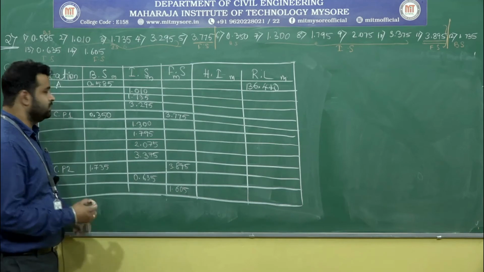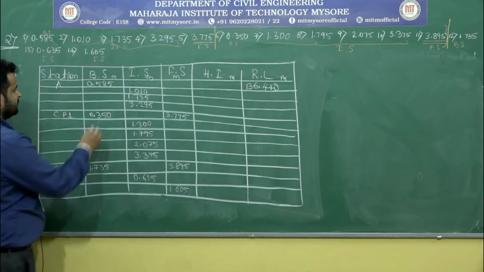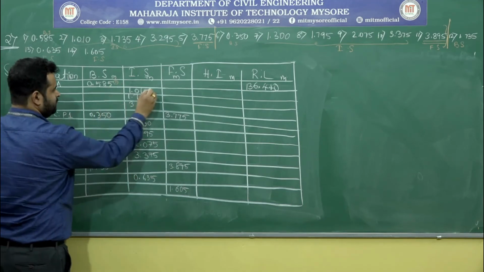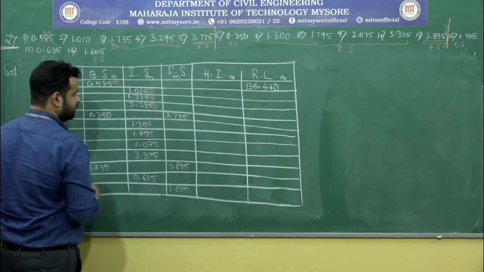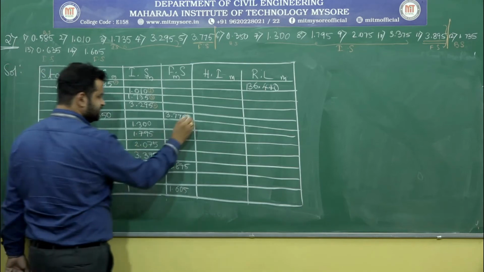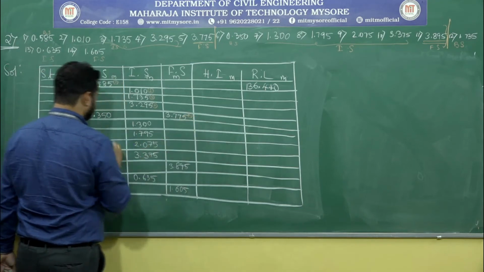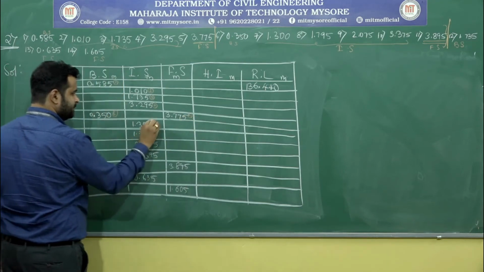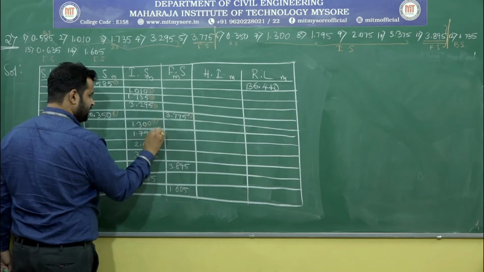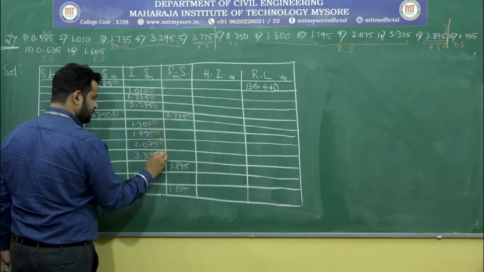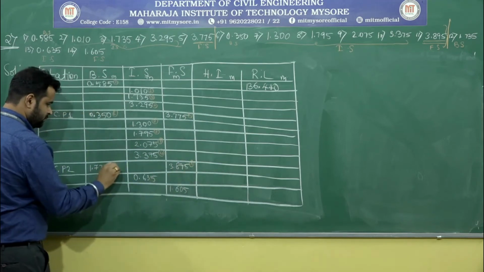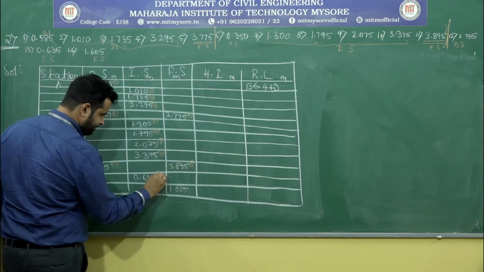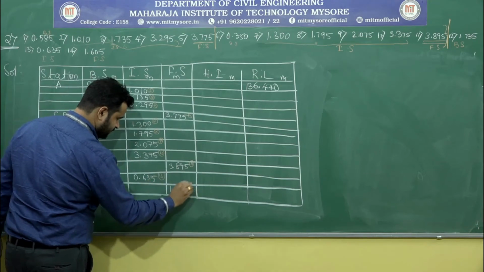Now let me number the readings. Let this be 1, 2, 3, 4. This is not 5, this is 5. Fifth reading 6, 7, 8, 9, 10, 11, 12, 13 and 14.